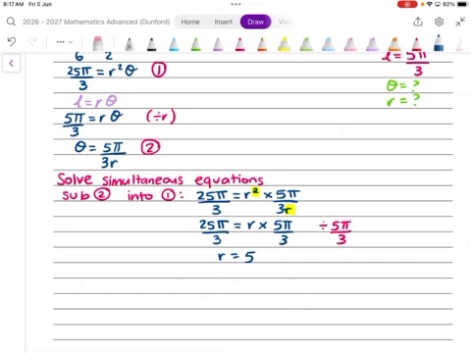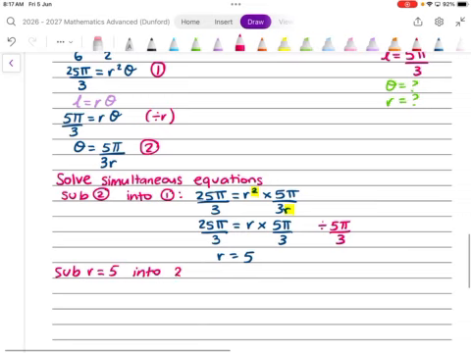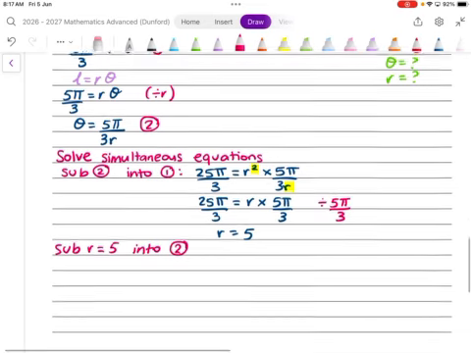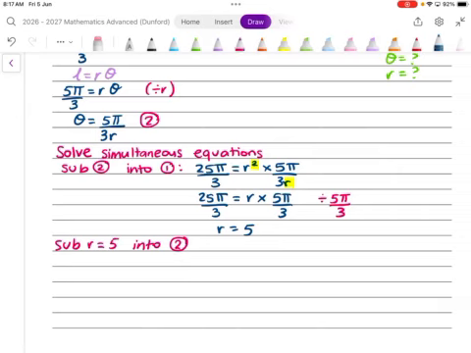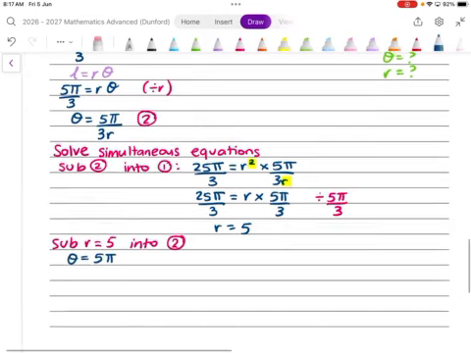What we now want to do is sub r equals 5 into equation 2, because now we want to find theta. And so when we sub r equals 5 into equation 2, we have theta equals 5 pi over 3 lots of 5.